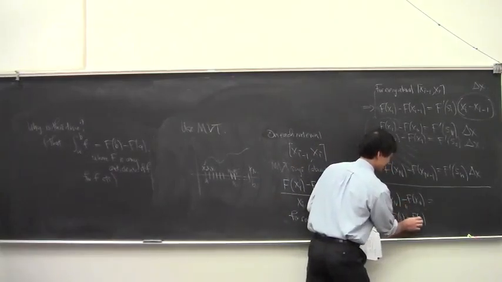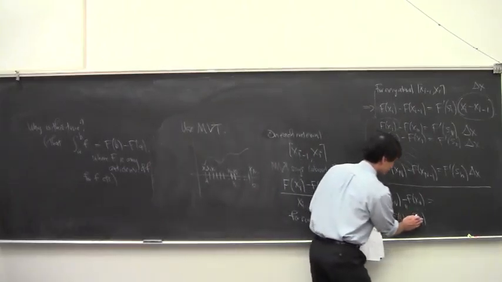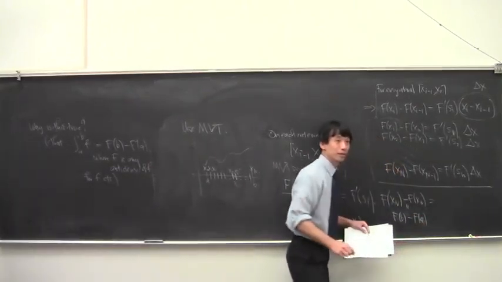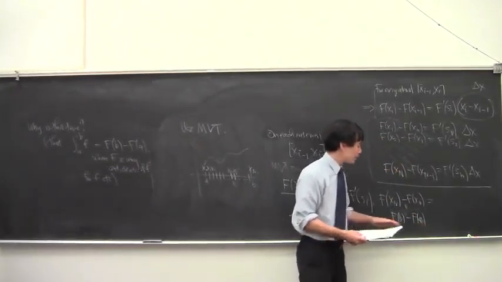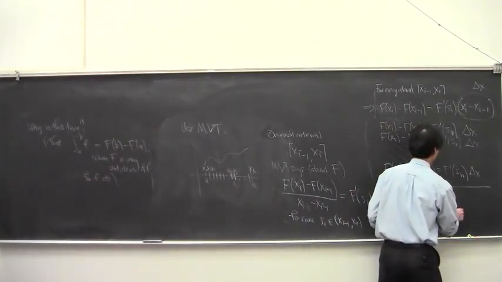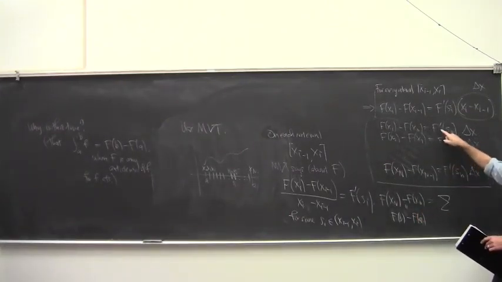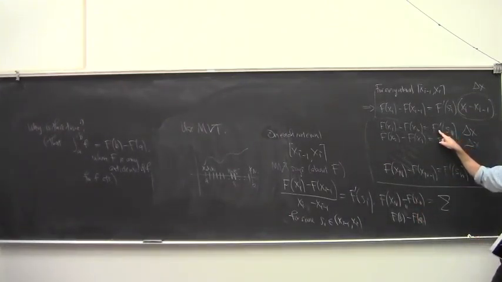Equals f of b minus f of a. Right? And what does it say? F of b minus f of a is equal to this Riemann sum. What's big F prime?